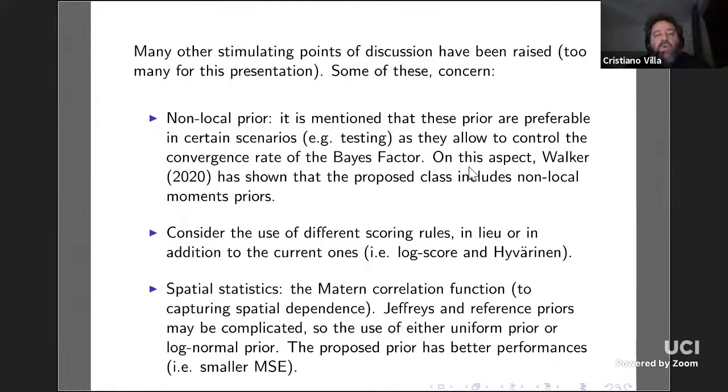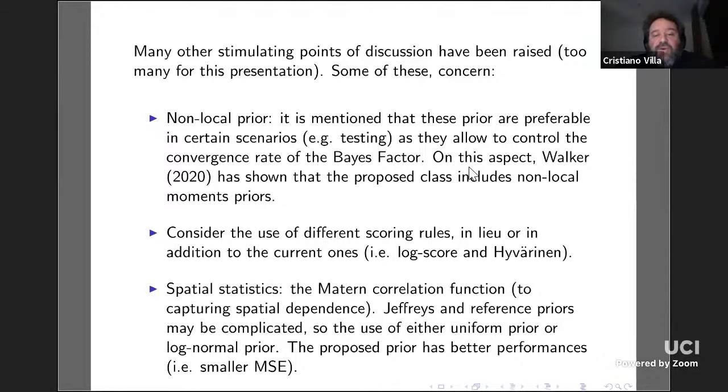And to finish off, 3 comments and 3 remarks more than anything else. One is about non-local priors. They've been mentioned by some discussant, because in certain scenarios like testing, they are preferable compared to other methods because they create this repulsion zone around the null hypothesis that allows to control the convergence rate of the Bayes factor.